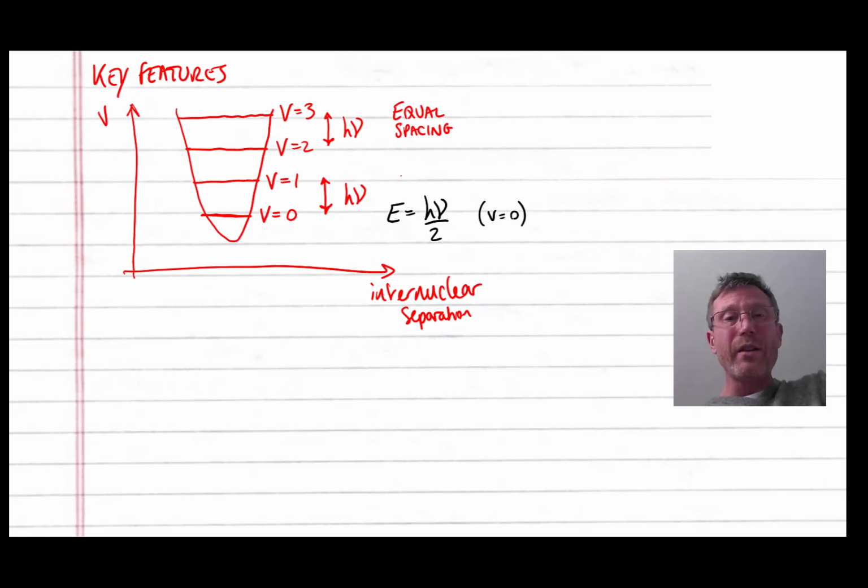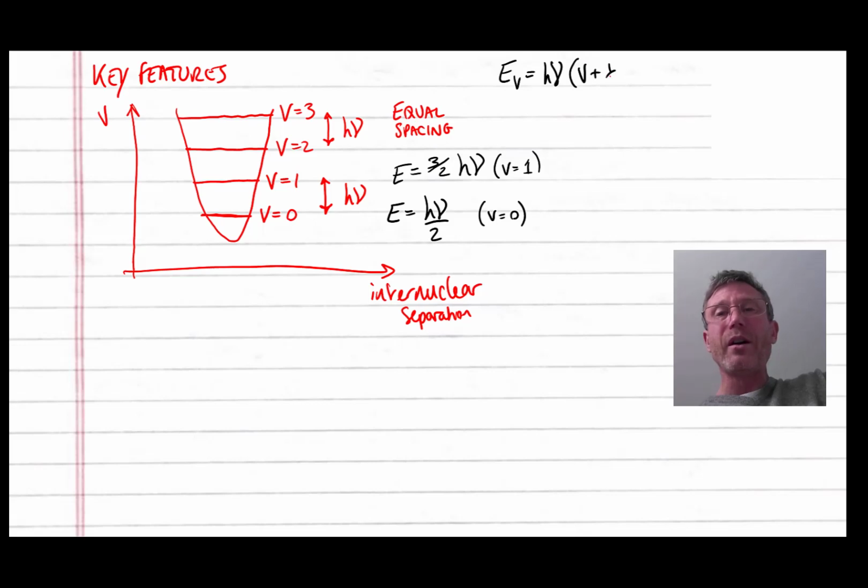When V is equal to 1, we'll get E is equal to 3 over 2 h nu. So that's V equals 1. Again, let's just remember that equation. E sub V equals h nu (V plus 1/2). So a couple of points to recognize here.